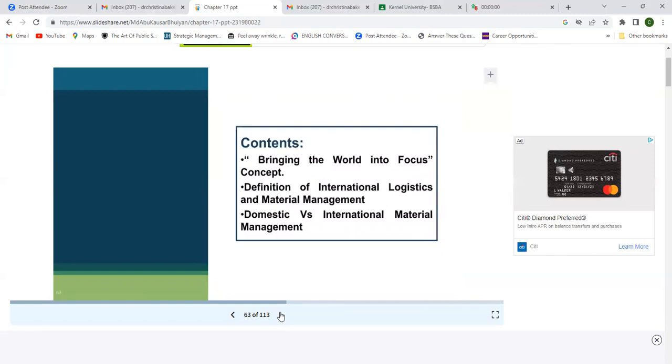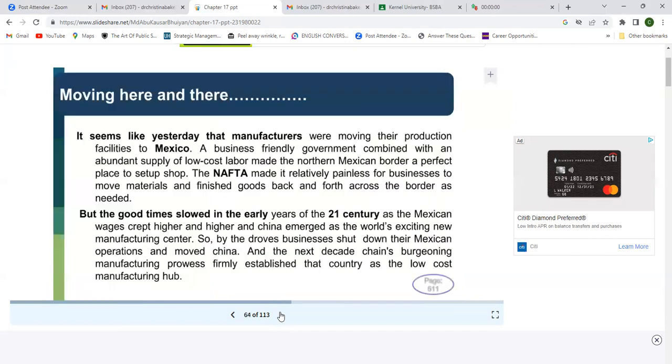Contents: bringing the world into focus, the definition of international logistics and materials management, and domestic versus international management. Moving here and there: it seems like yesterday that manufacturers were moving their production facilities to Mexico. A business-friendly government combined with an abundant supply of low-cost labor made the northern Mexican border a perfect place to set up shop.